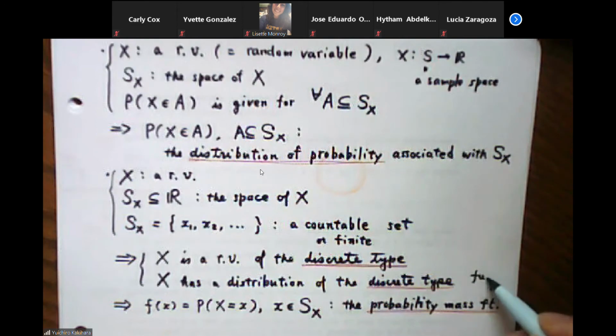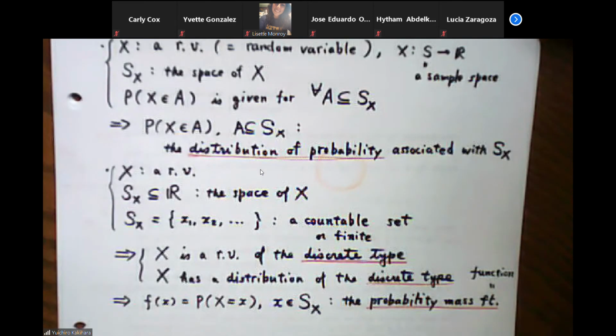Okay? Function. You don't want to write function, right? I don't want to either. So f-n dot indicates a function. And sometimes this is abbreviated as PMF. Okay? PMF. This is an abbreviation. We're going to use this PMF, probability mass function, later on. So this is a definition of the probability mass function.